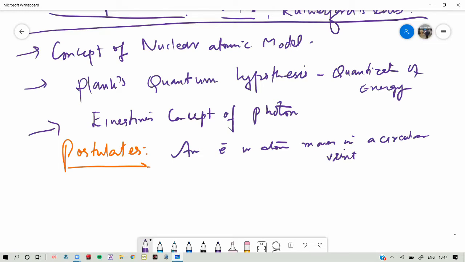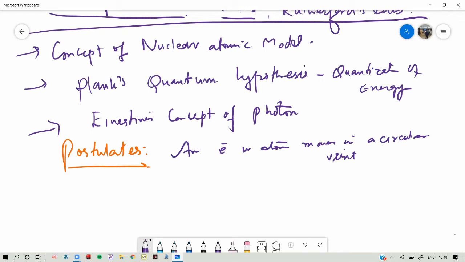This was according to the laws of classical mechanics. He gave those orbits a particular name: stationary orbits or stationary paths for those electrons.